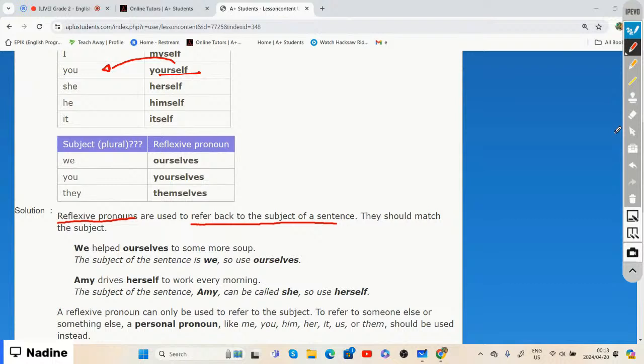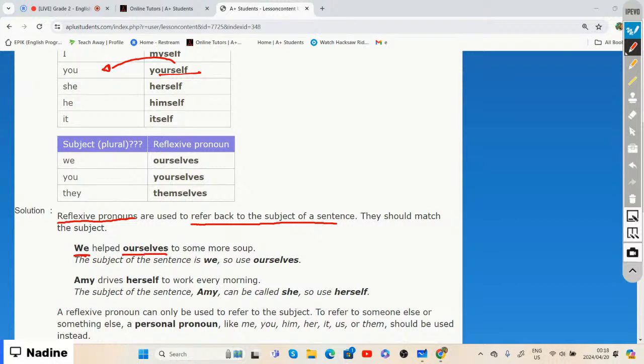All right, so let's look at an example of a reflexive pronoun and how it matches or refers back to the subject of a sentence. It's like saying, "We helped ourselves to some soup."